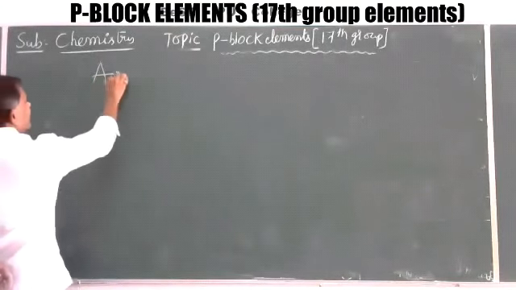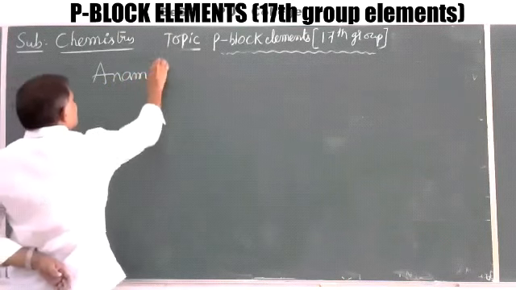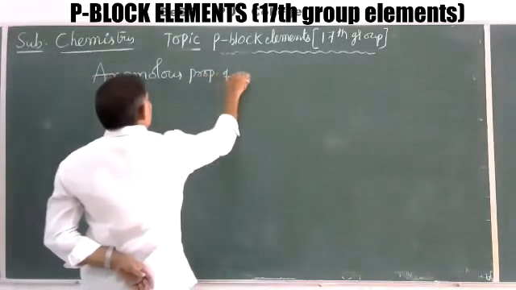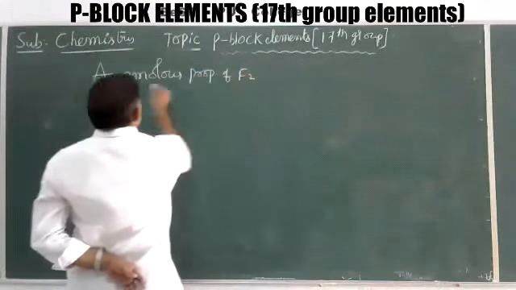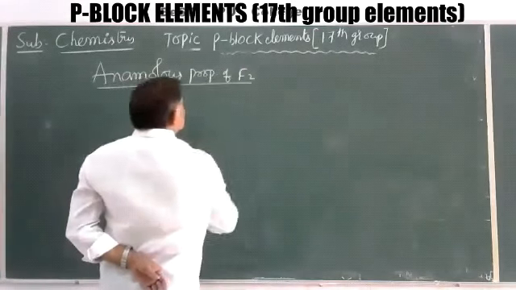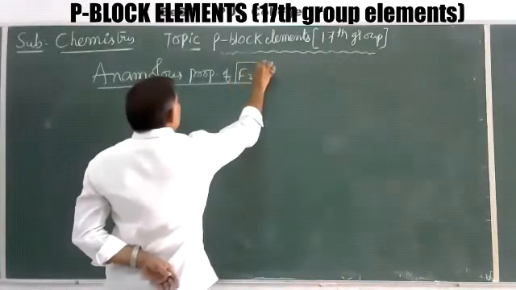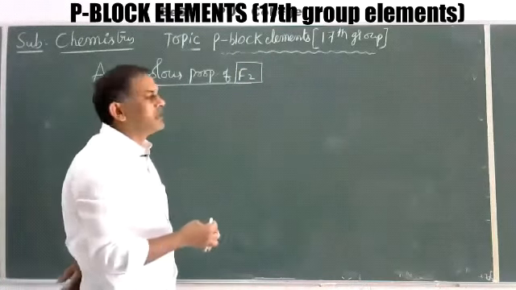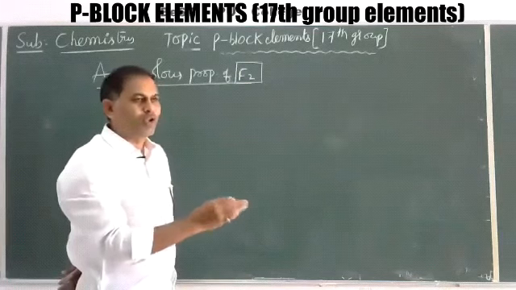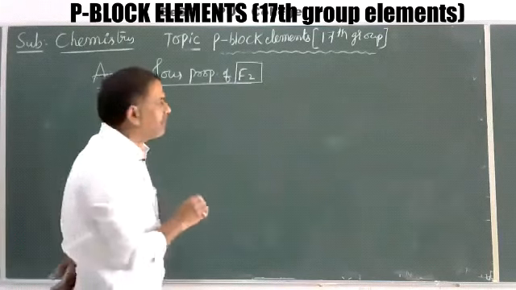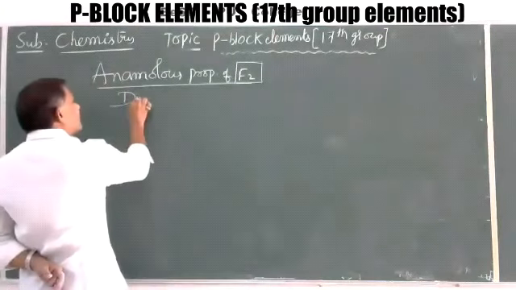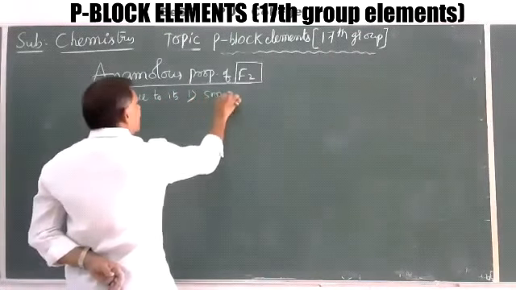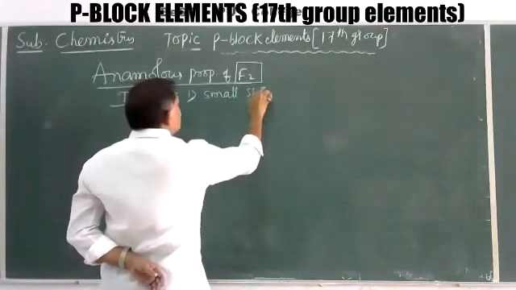Anomalous properties of F2, fluorine. It means this fluorine shows some peculiar properties compared with the other members of the same family, chlorine, bromine, iodine. Why it shows anomalous properties: first is its small size.